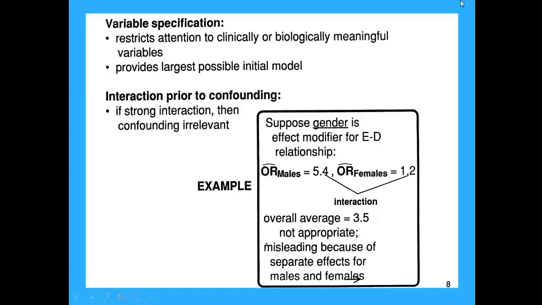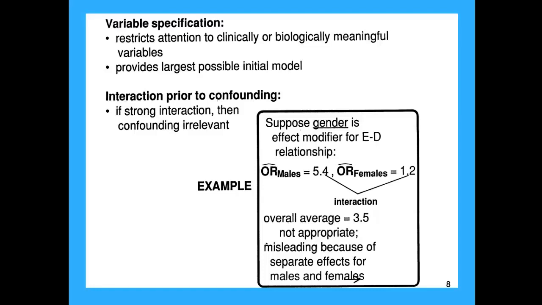Then you find, even just by looking at the stratified data or doing some interaction assessment, that the odds ratio for males is very high, and the odds ratio for females relating exposure and disease is almost 1. That's interaction, right? There's a big difference in the effect of exposure depending on whether you're a male or a female.